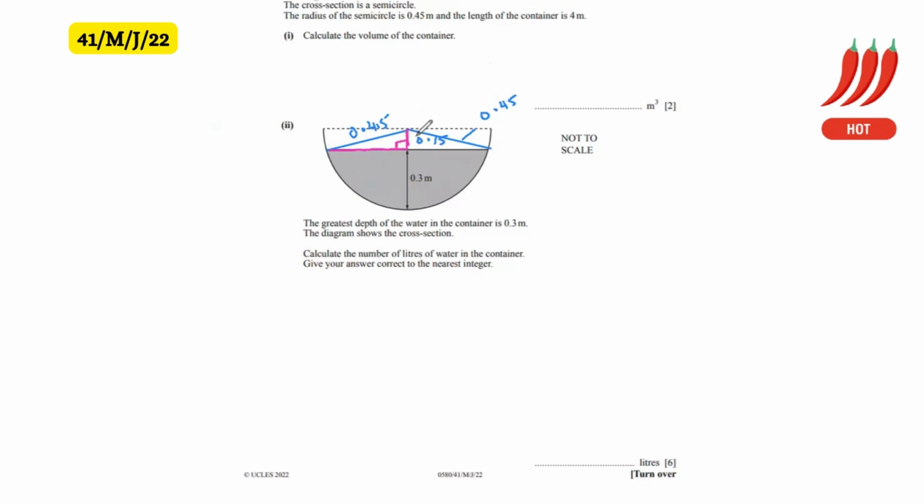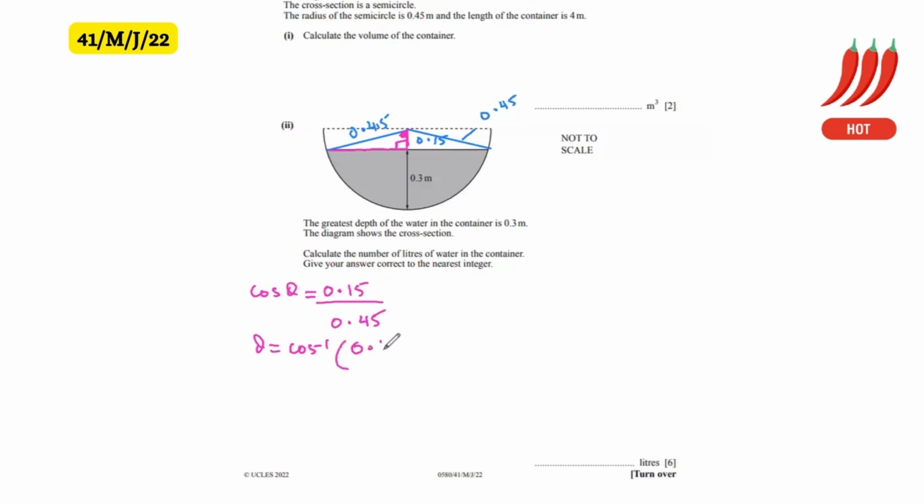So we have the height, we have the hypotenuse, we need to find this angle. So to find this angle, we have the adjacent and the hypotenuse. We use cos theta. So cos theta equals adjacent over hypotenuse. Then we find the cos inverse of this.